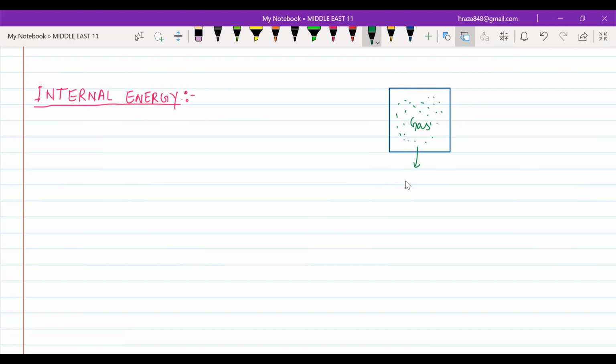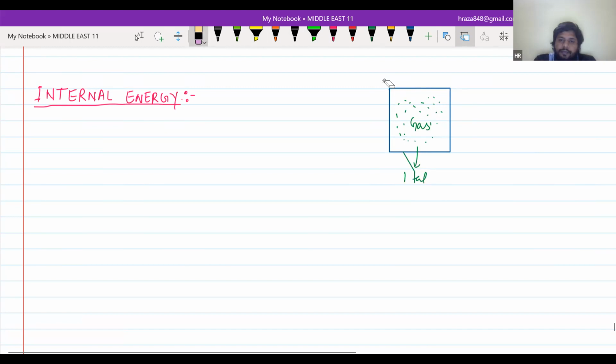So here, the total energy available in a container. What is total internal energy?